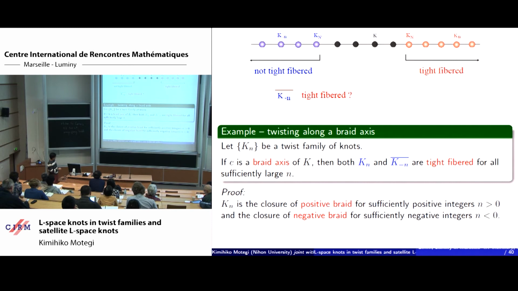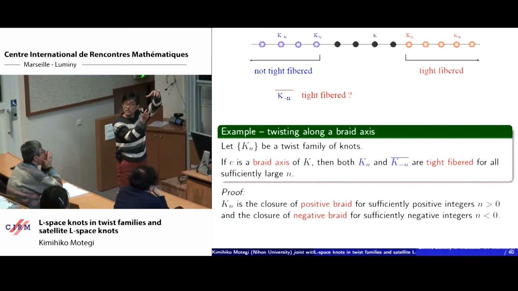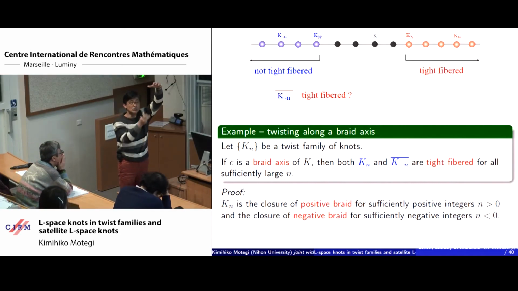Actually, since C is a braid axis, K_n is a closure of a positive braid for sufficiently large positive integers n, because a full twist is the center of the braid group. So negative crossings can be cancelled when we put in many twists.